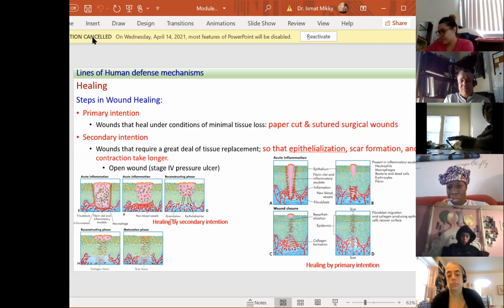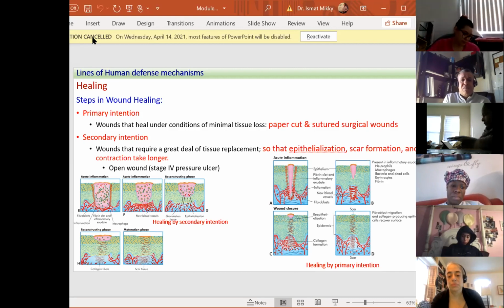Eventually, given the pathophysiology of the healing process, you will find that secondary healing will result in more scar tissue than what you would anticipate from a wound that heals by primary intention. With a primary intention paper cut, even when it has healed, you can't even find where you had the paper cut.